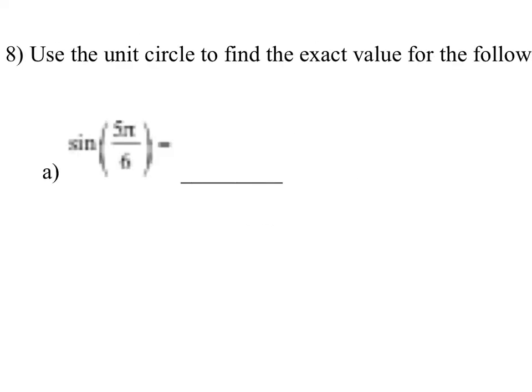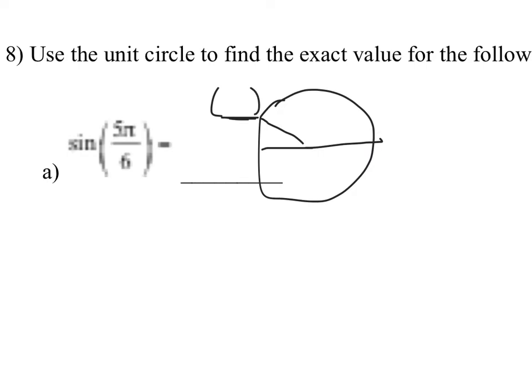All right, for question 8, we're going to use the unit circle to find the exact value for the following. The first one is sine of 5 pi over 6. So what you need to do is look at your unit circle, find 5 pi over 6, which is going to be about right here, and you want the sine value.